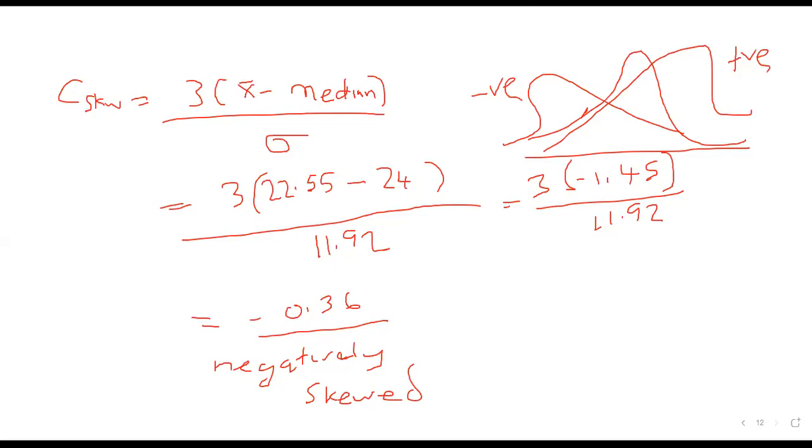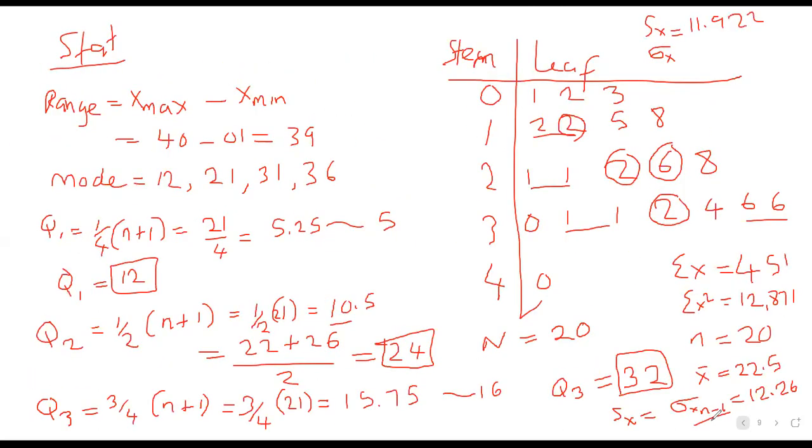Now, I have a question: how does one read the skewness using the stem and leaf diagram? You can tell from the stem and leaf diagram, you know how to draw the histogram. If you tilt this upside down, we're going to have something like this.